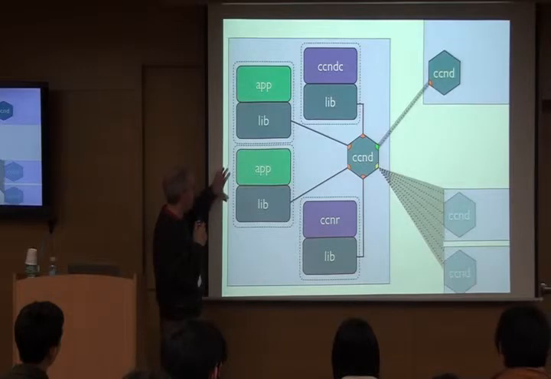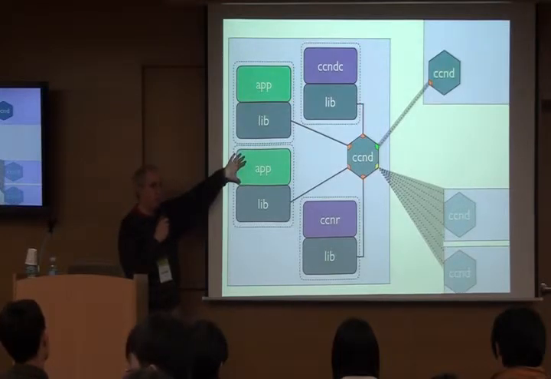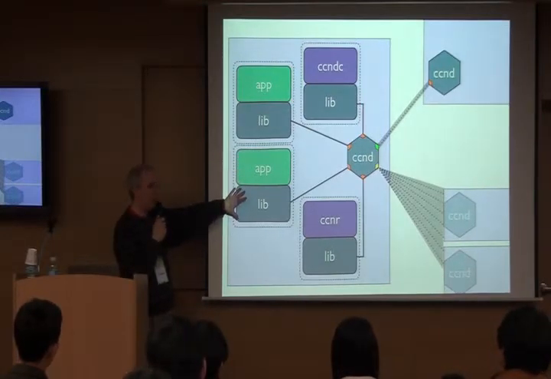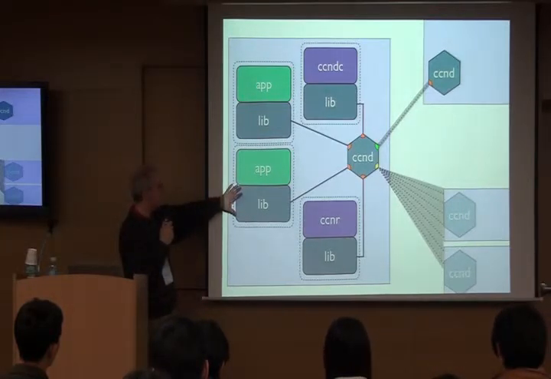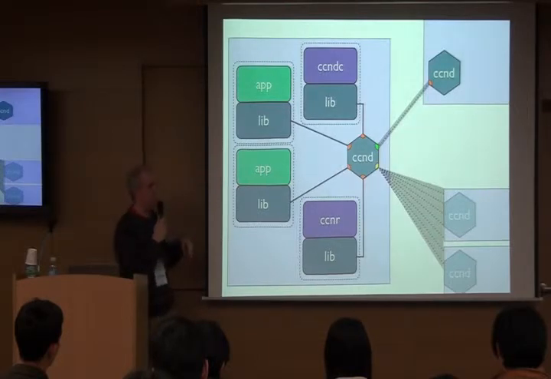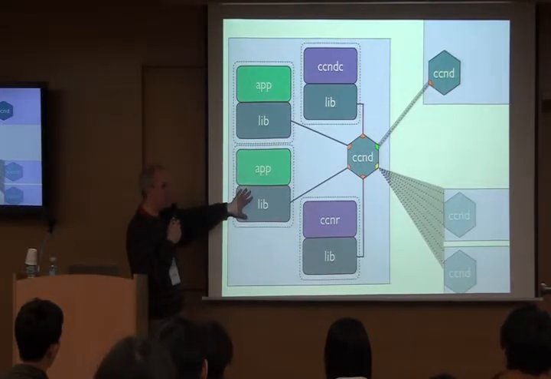Now, an application that's using CCNx has the code of its application, and that's going to be bound against one of our libraries. So you can think of any of the three, C, Java, Python. And the dashed lines are here to represent process boundaries. So when you're running an application, you've got a process, and inside that process is your app code and the library.